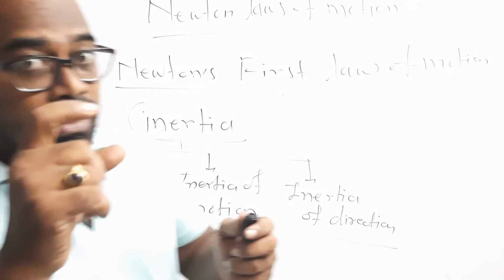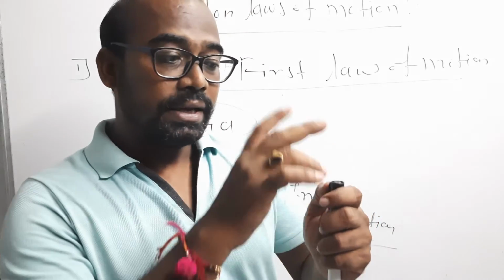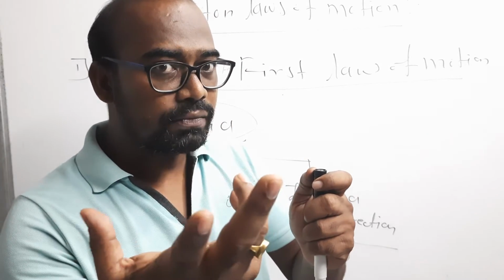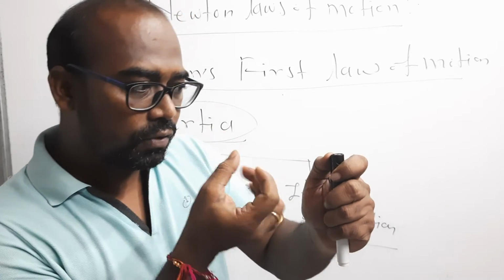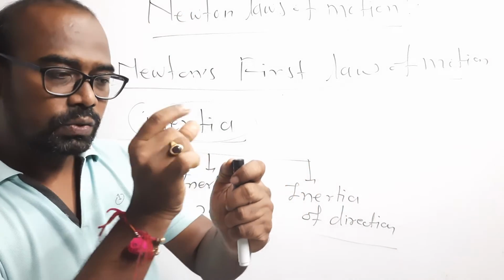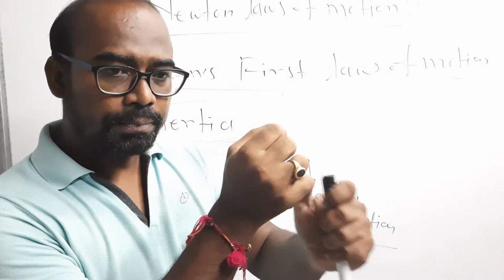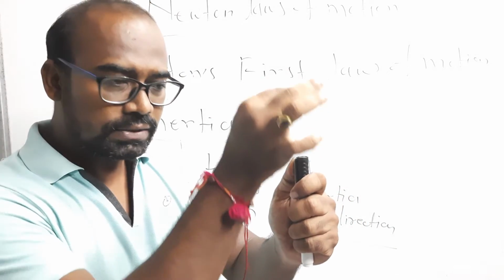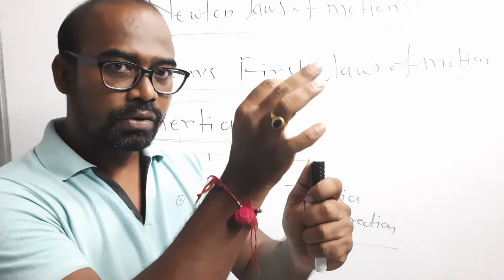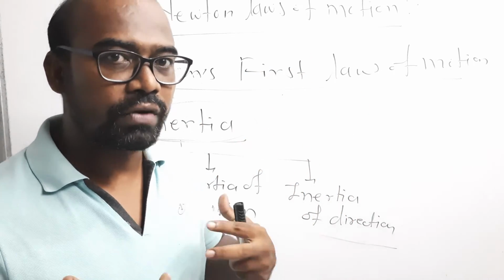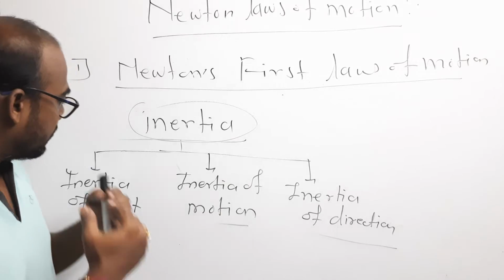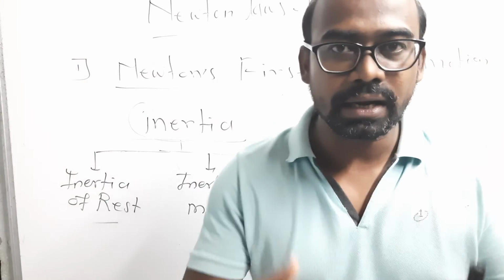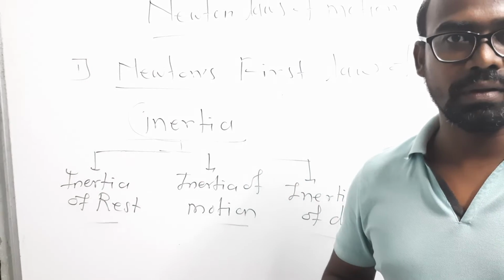Because what is the nature of that coin? Rest. I have not applied a force on that coin, I applied a force on that card, right? So by its nature, it resists, I would say. So the coin falls down, meaning the coin has a nature of rest, inertia of rest, and because of that it comes down, right?